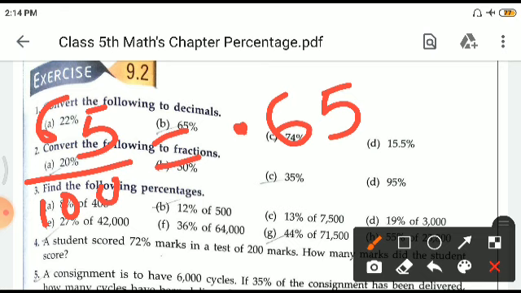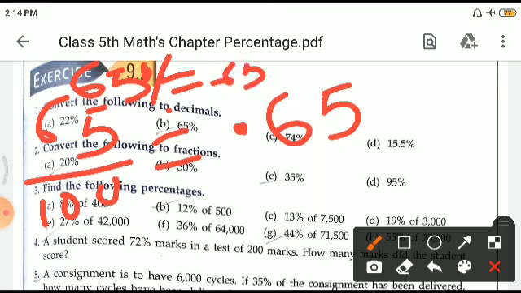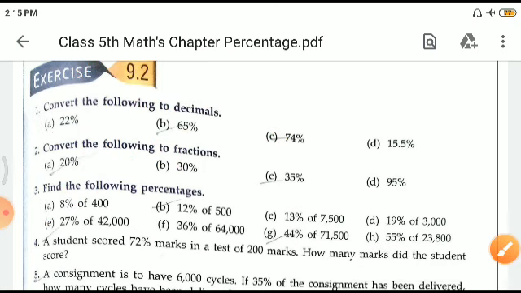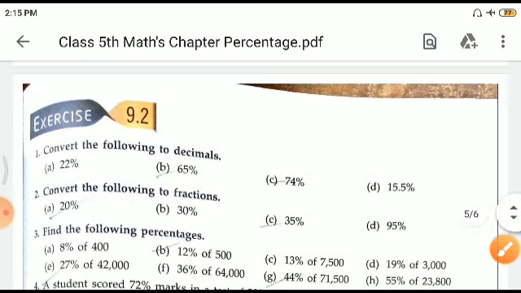Okay, I am sure this is clear to you all, because see, 65% is equal to 65 upon 100, and it will be more clear in the second one. 74%.